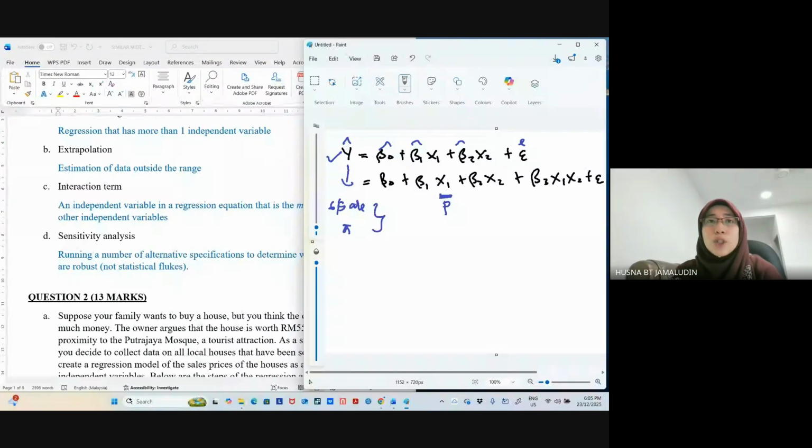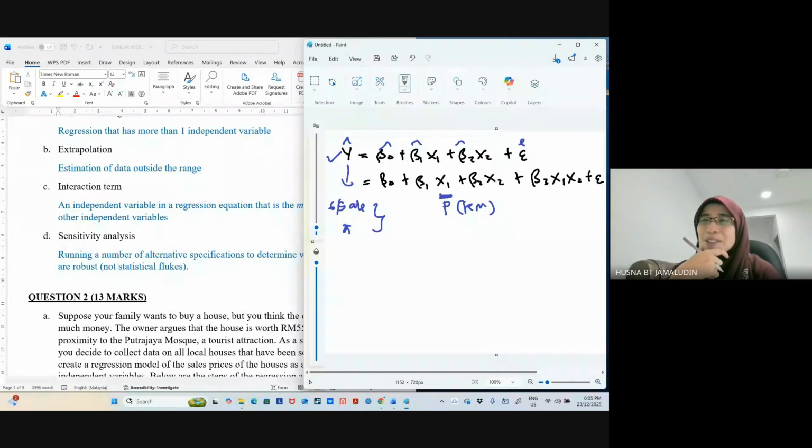So if you want to test the robustness, basically you change the dependent into a different one but measuring the same thing, or you change the independent in terms of the measurement. Instead of measuring the price in ringgit, maybe you measure it in something else.